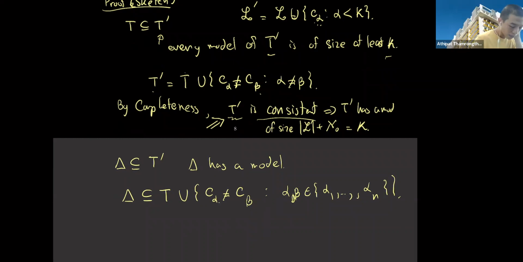And you can show that delta has a model: you know that T has a model, an infinite model.